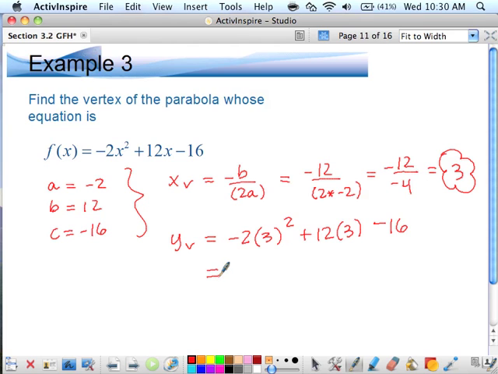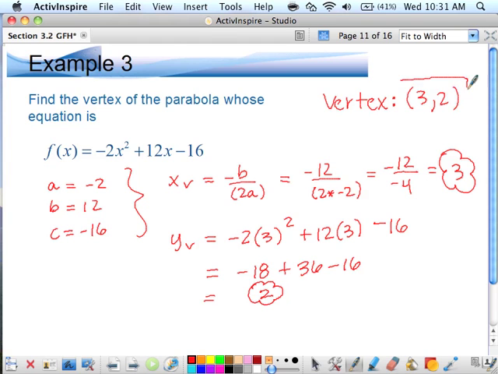So use the order of operations and clean that up, and you see that we will get right here, negative 18, plus 36, minus 16, for a total of positive 2. That's the y value of the vertex. So to answer this question, the vertex is the point 3, 2. And that's how you find the vertex from general rather than standard form.